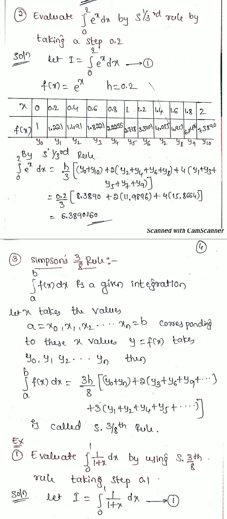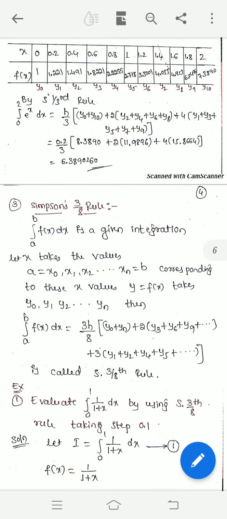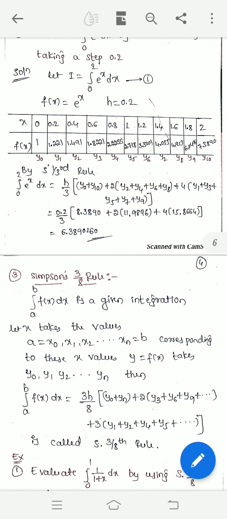Calculating this result, we get 6.3890. This is the integral value by using Simpson's 1/3 rule. Similarly, all the examples are of the same kind.